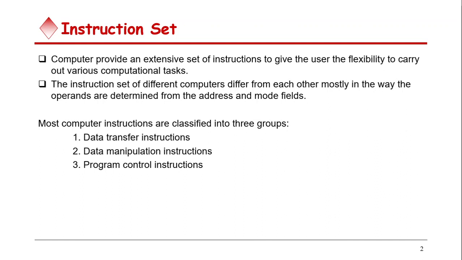Data manipulation instructions are those that perform arithmetic, logic, and shift operations. Program control instructions provide decision-making capabilities and change the path taken by the program when executed in the computer. The instruction set of a particular computer determines the register transfer operations and control decisions that are available to the user.